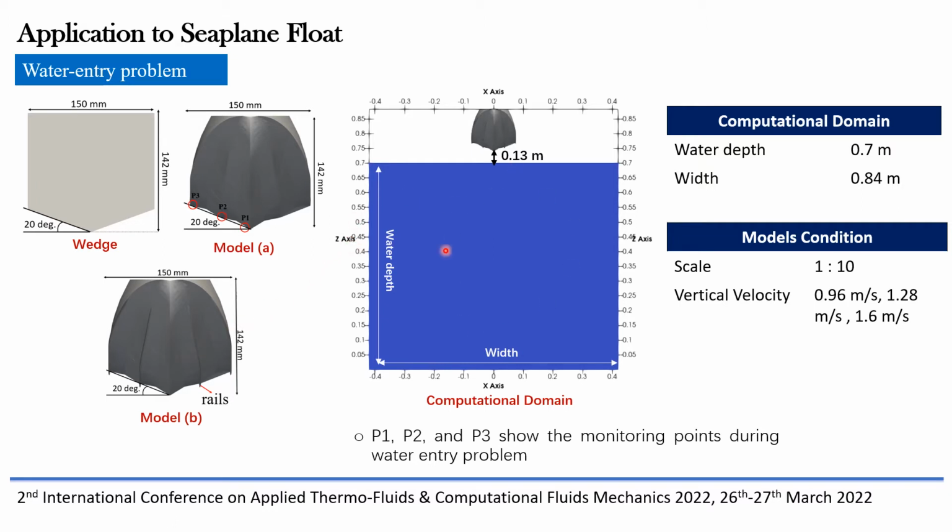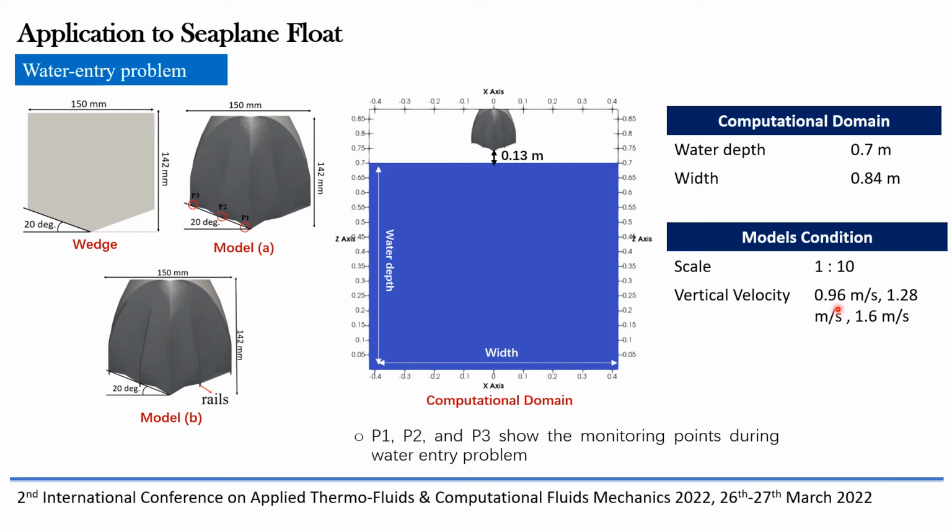And this is the computational domain. The water depth is 0.7 meters, the width is 0.84 meters, and the vertical velocity of the model has three variations.